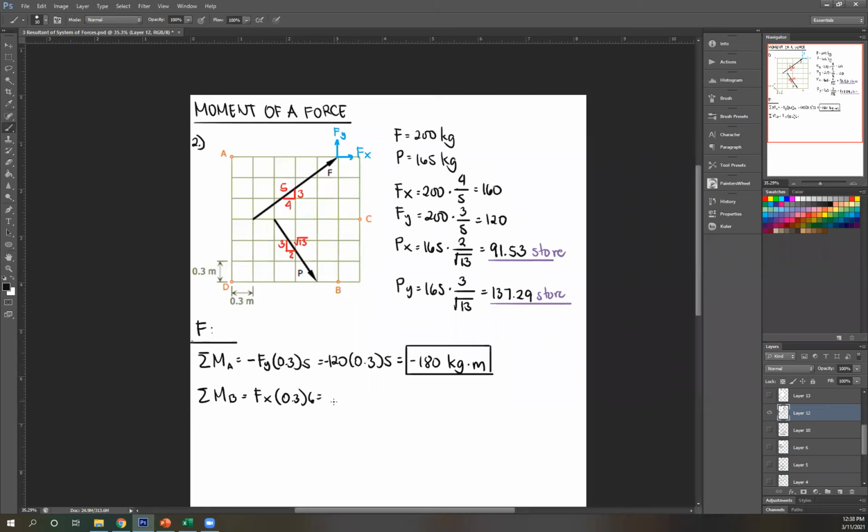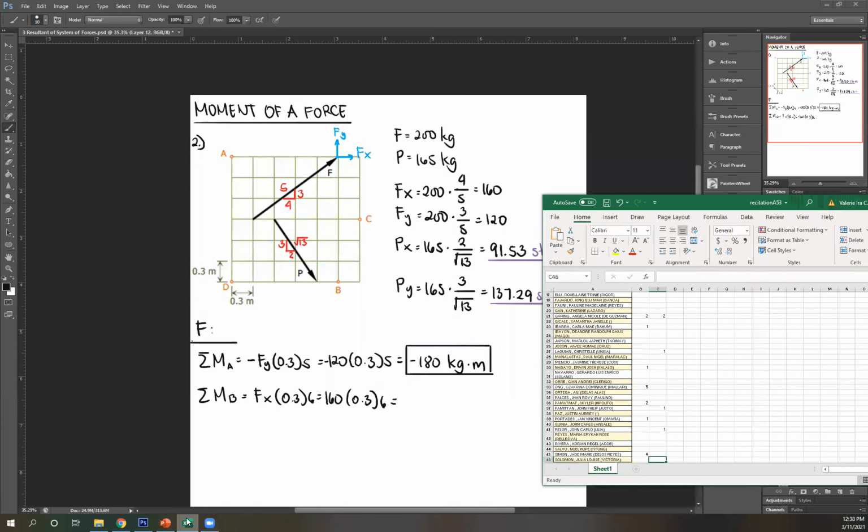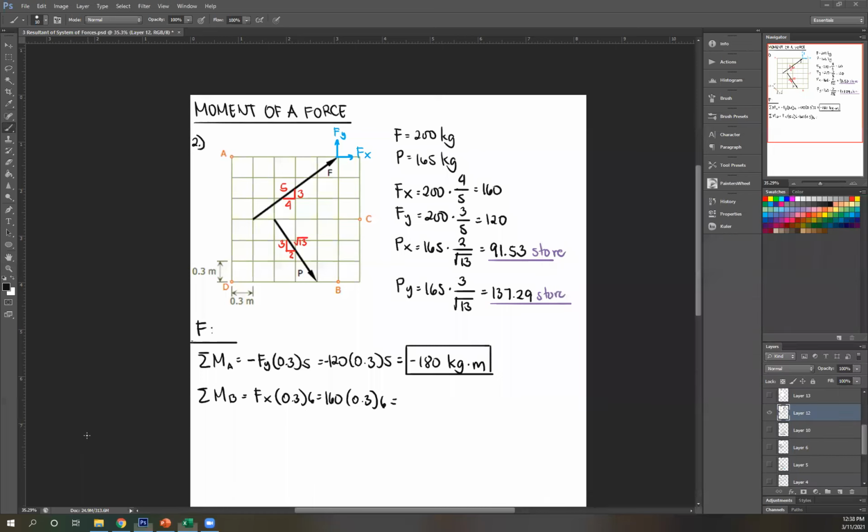And Fx is 160, times 0.3 times 6, which is what? Correct, 288. Positive 288 kilogram meter.